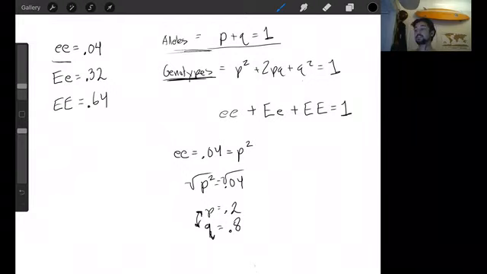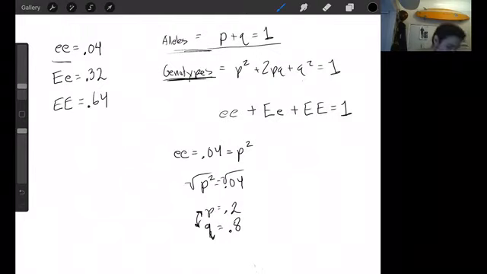That's how you can check to make sure. So I'd go 0.04 plus 0.32 plus 0.64 gives me 1. So it checks out, probably correct.